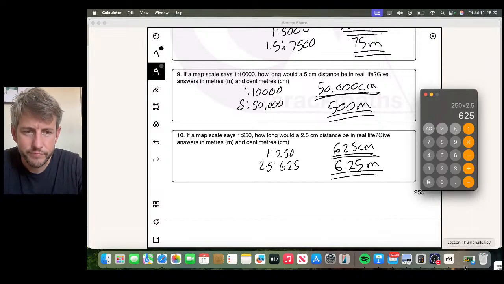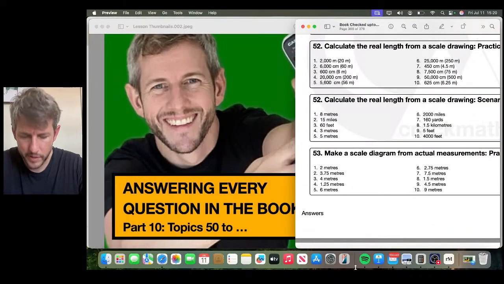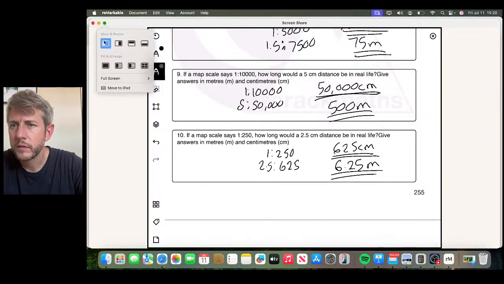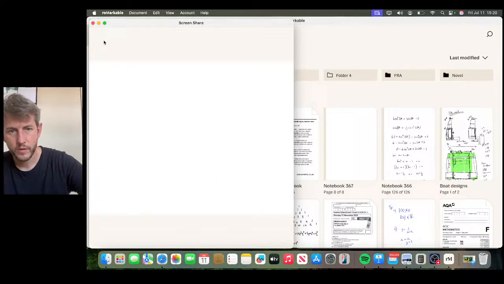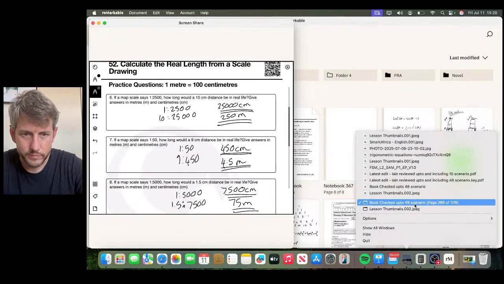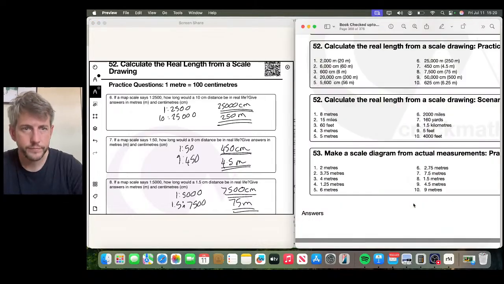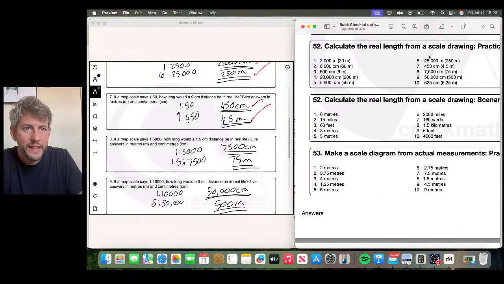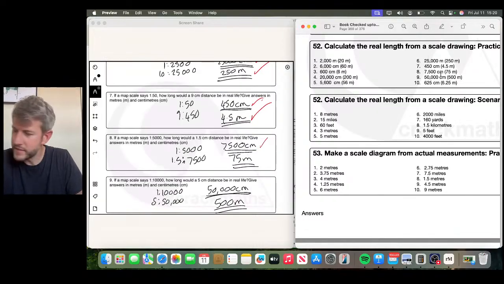Okay, so let's get these marked. Here we go. 25,000 centimetres, 250 metres, yep. 450 centimetres, 4.5 metres. 7,500 centimetres, 75 metres. 50,000 centimetres, 500 metres.